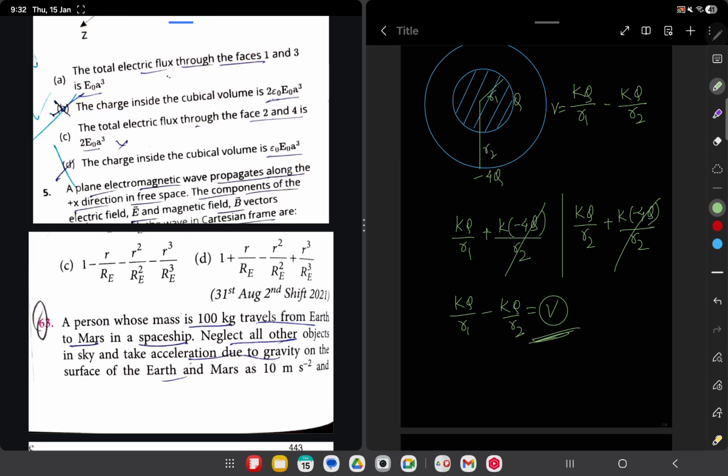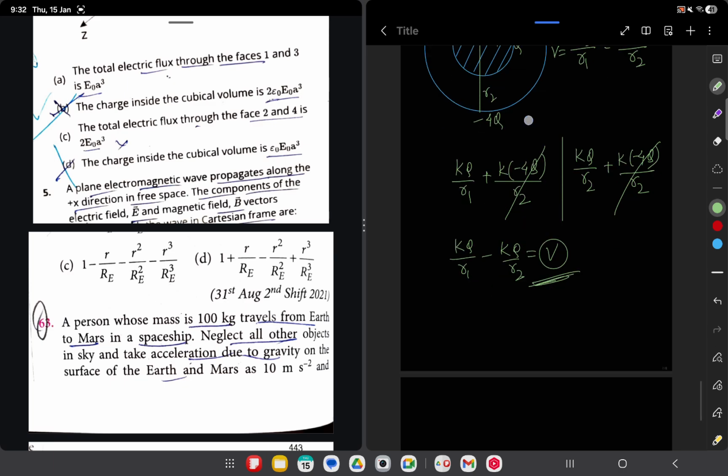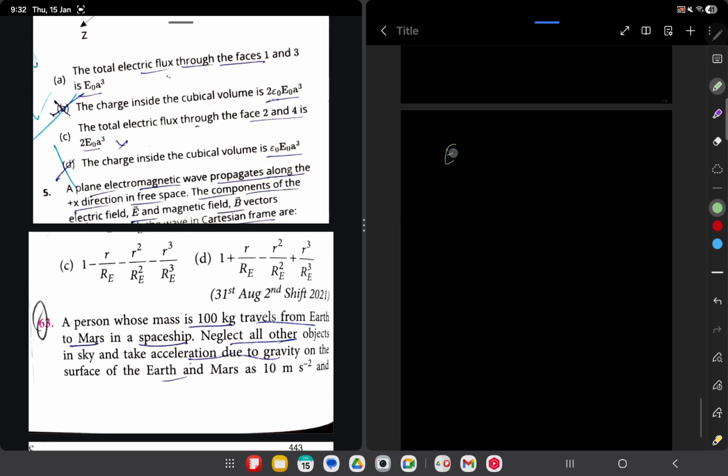There is a question from gravitation. A person whose mass is 100 kg travels from Earth to Mars in a spaceship. If he travels from Earth to Mars, somewhere in between them, g effective should be 0. Initially the person was getting attracted by Earth, and later on he will be more attracted by Mars.